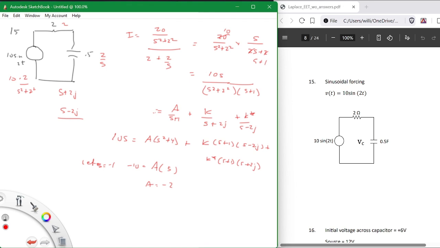What about our K term? This gets messy, but you can do it with that calculator. Okay, so what you do is you let s equal minus 2j.